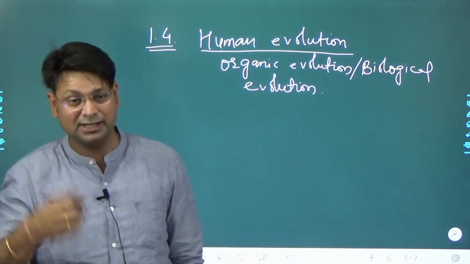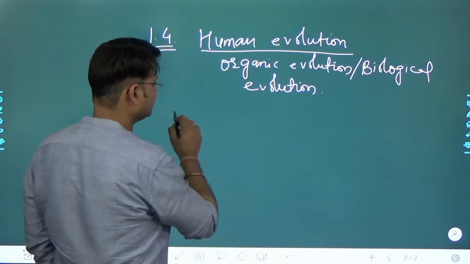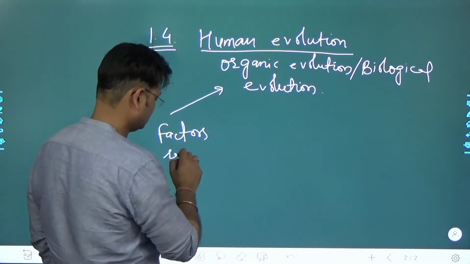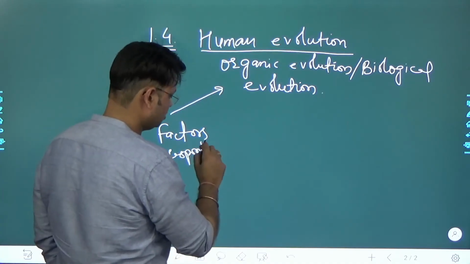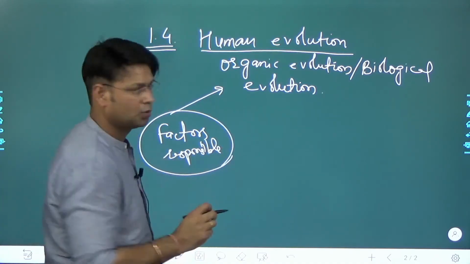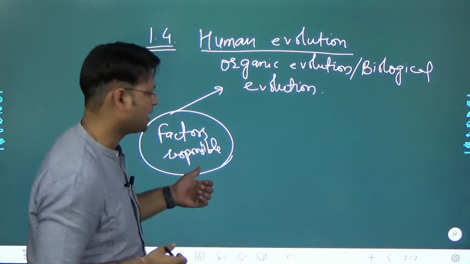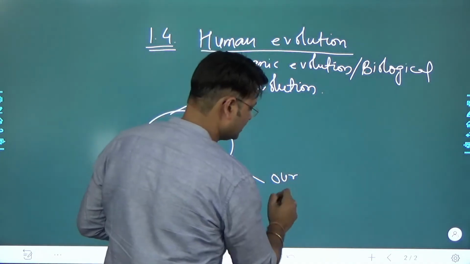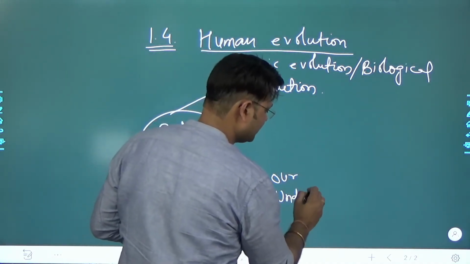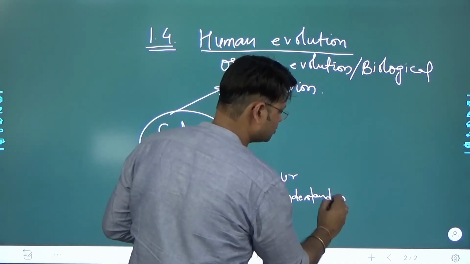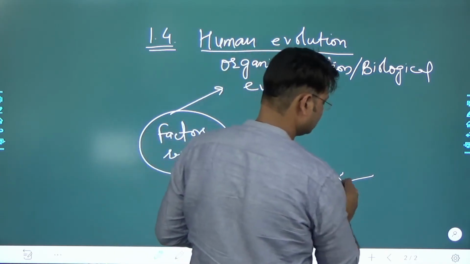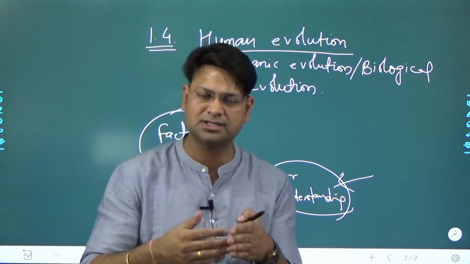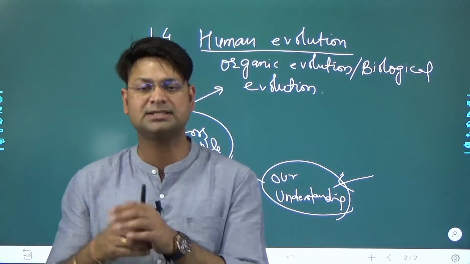So here not only will we understand the factors responsible for this, but we will also understand how our understanding about these factors has improved, right? Our understanding about these factors is basically through the contribution of some scholars, right? Who are these scholars?